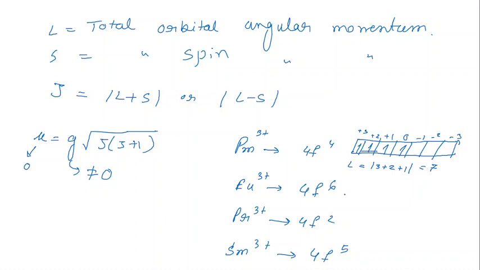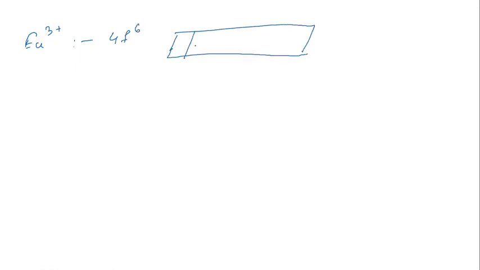Then here L will be, I'm writing it here, for 4f6. This electron, 2, 3, 4, 5, 6, plus 3 plus 2 plus 1, 0, minus 1, minus 2, minus 3.